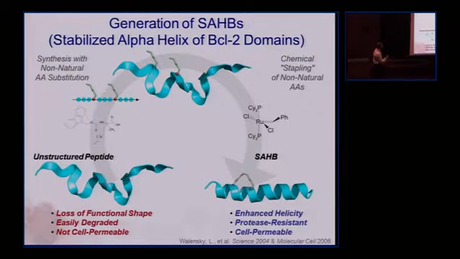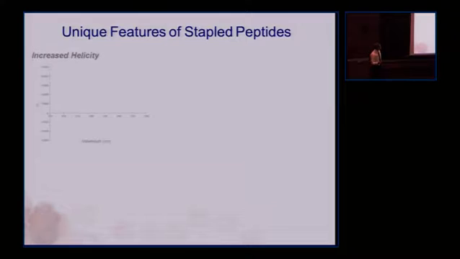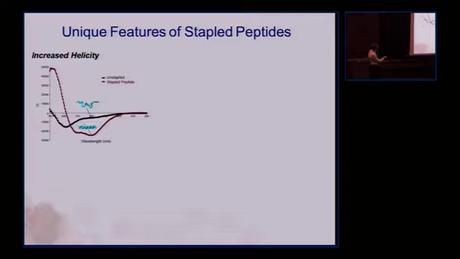And these stabilized alpha helices of BCL2 domains, or SAHBs, have marked properties. And since this has been published, I'll just briefly review them. If you take a native peptide, by looking by circular dichroism, it really has no shape. But if you use a stapled peptide, you see this characteristic double hump of an alpha helix.